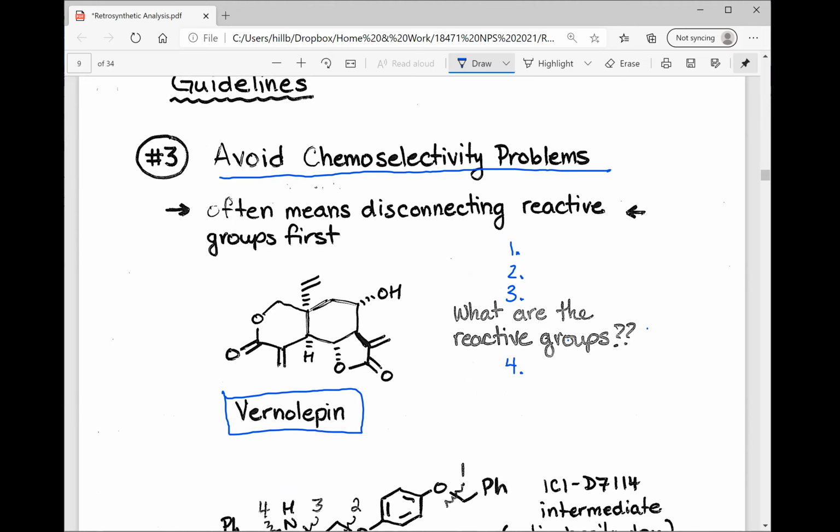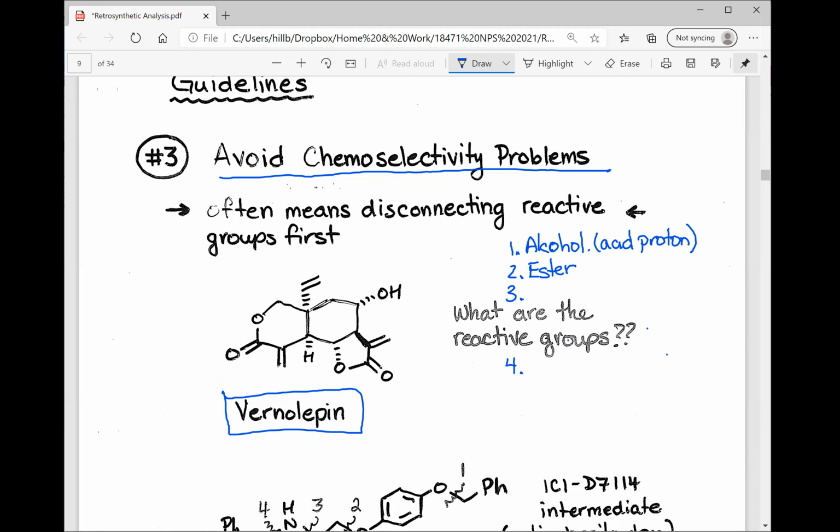Some alcohol. Okay, we've got alcohol, which has an acidic proton. What's another one? Ester? An ester. Okay, so we actually have two esters here.